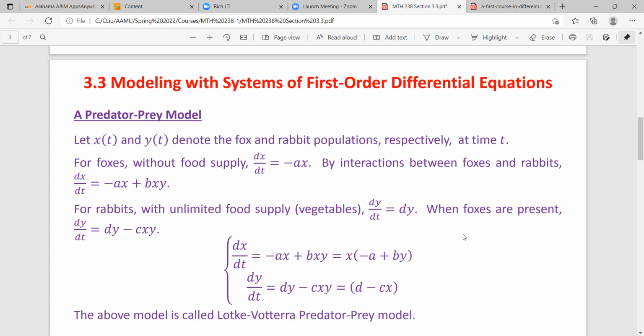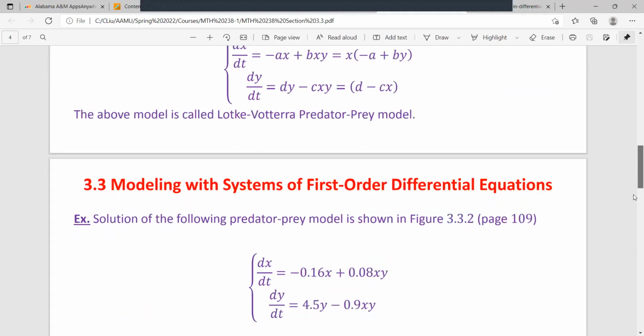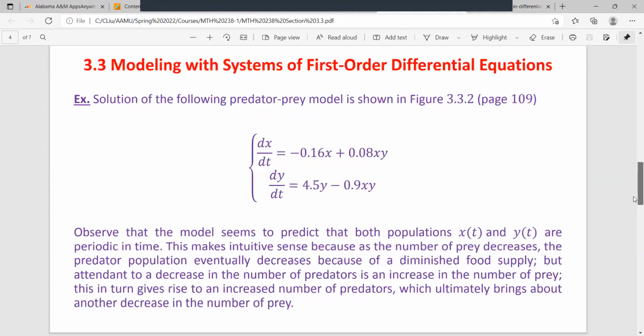All right, so we will not solve these equations in this chapter. We don't know how to do it at this point, actually. But let's just see some solutions for this model, which we will solve maybe later. Okay.